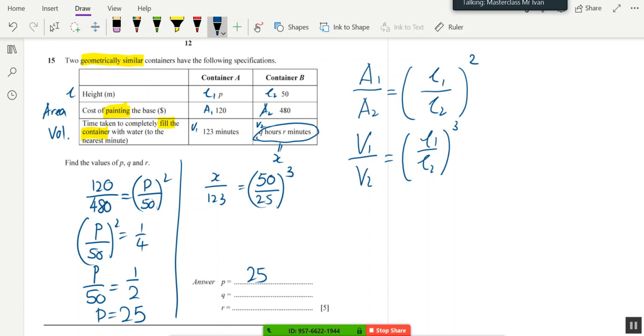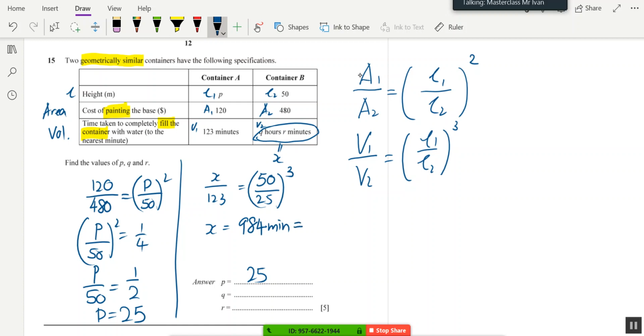So X is equals to 50 over 25, then power 3, and then multiply by 123. 984, and this is in terms of minutes.